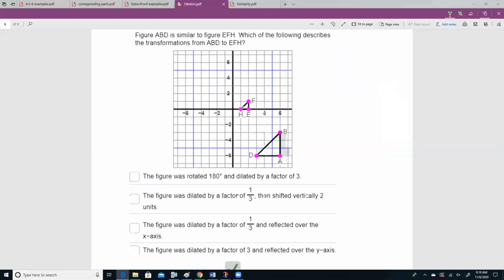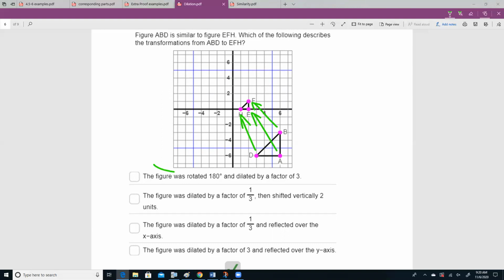Figure ABD is similar to figure EFH. Which of the following describes the transformation from ABD to EFH? Okay, A corresponds to E, B corresponds to F, and D corresponds to H. Was there any rotation or flipping happening?